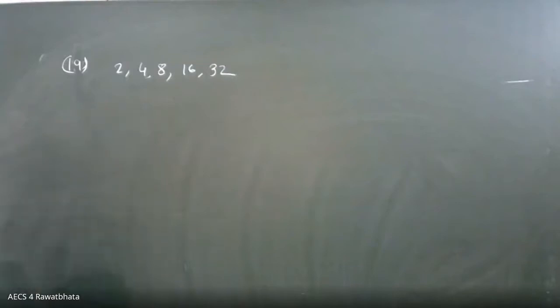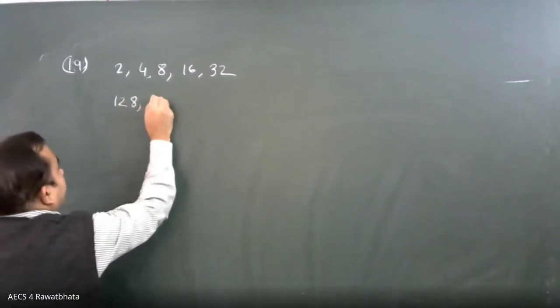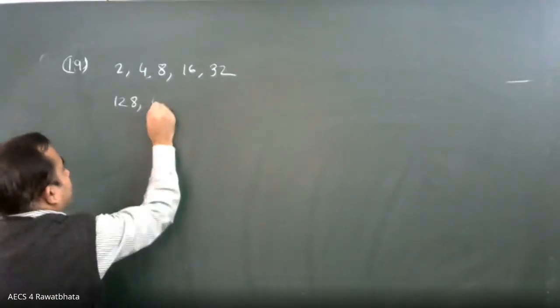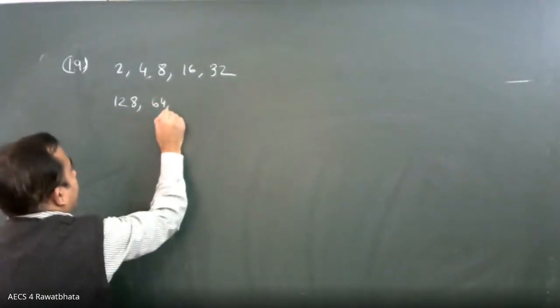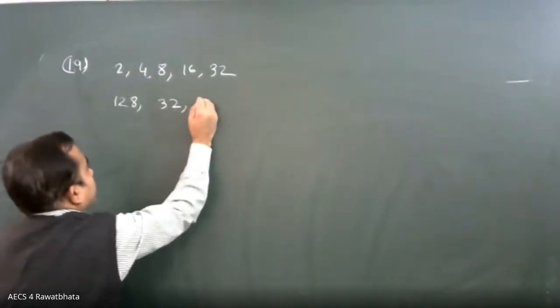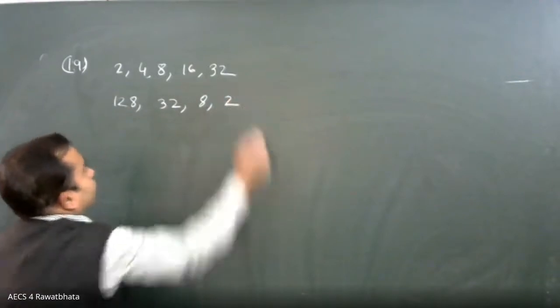Next sequence was what? Then 128, 64, 32, 8, 2.